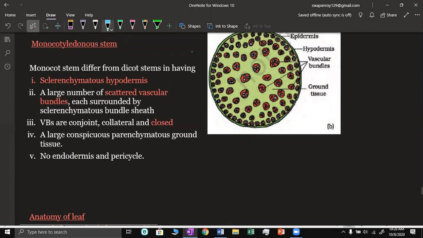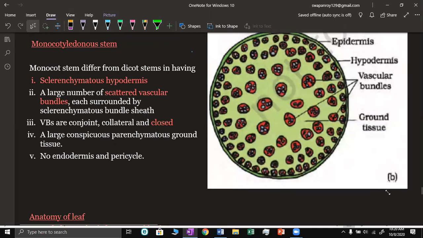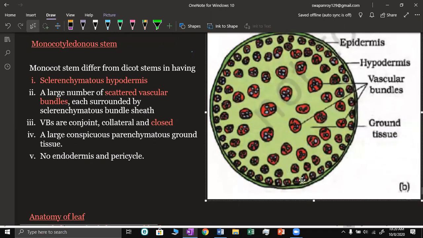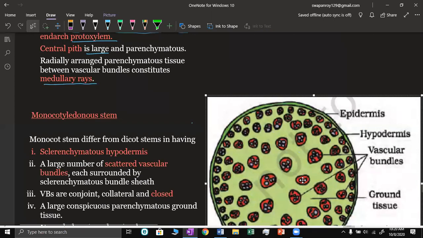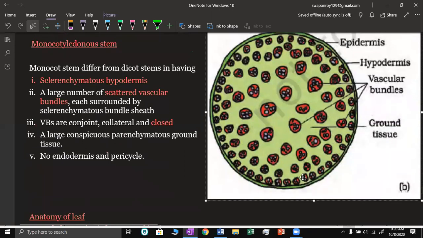The outermost layer is epidermis, and below it there is hypodermis.